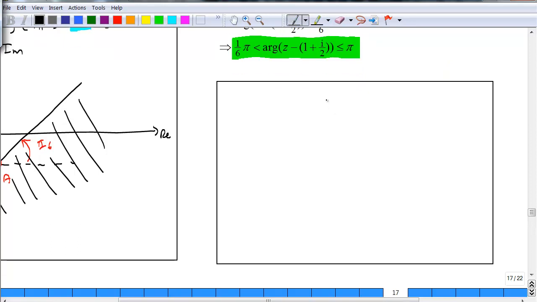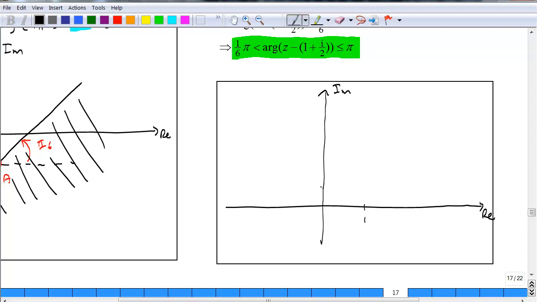Imaginary, real, and 1 is 1.5. So this point is the point A. Let me rewrite it for you again. Here is z represented by point P, and 2i represented by point A.